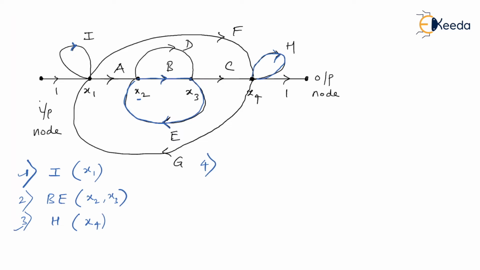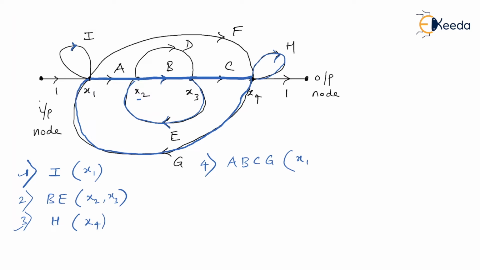Let's see if there is any other loop possible. As you can see, you can take this as a loop, that is A, B, C, and then with G you can return to x1. So I can take this fourth loop as a bigger loop, that is ABCG. In brackets, I'll mention those nodes which are involved while covering this loop.